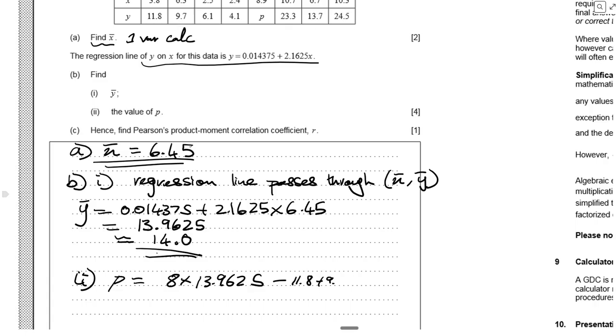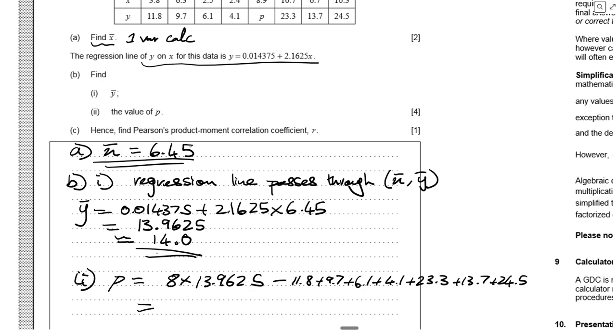So 11.8 plus 9.7 plus 6.1 plus 4.1 plus 23.3 plus 13.7 plus 24.5. So now you just stick that in your calculator. And I would say first work this out, so you show your steps: 11.8 plus 9.7 plus 6.1 plus 4.1 plus 23.3 plus 13.7 plus 24.5.